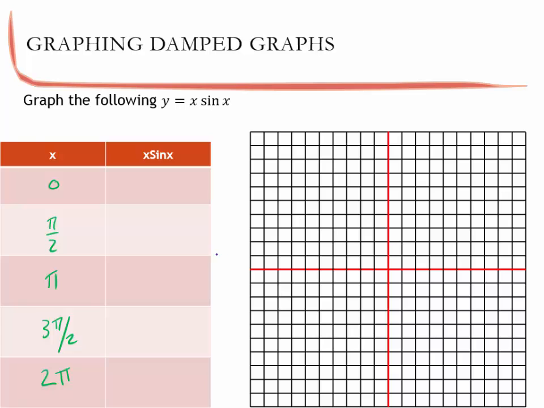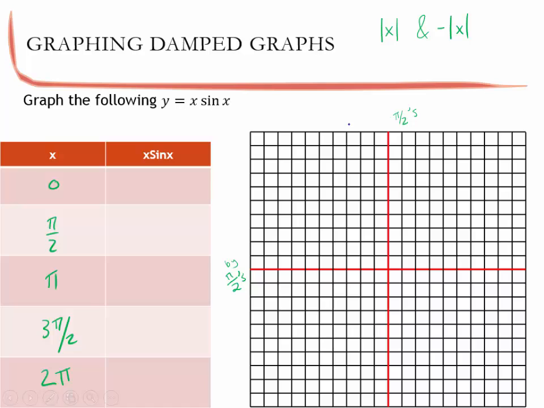So this one is going to go by pi over 2's, but my y-axis is also going to go by pi over 2's. The reason I'm doing that is so I can simply graph x. I'm going to graph the absolute value of x, and I'm going to graph the negative absolute value of x.